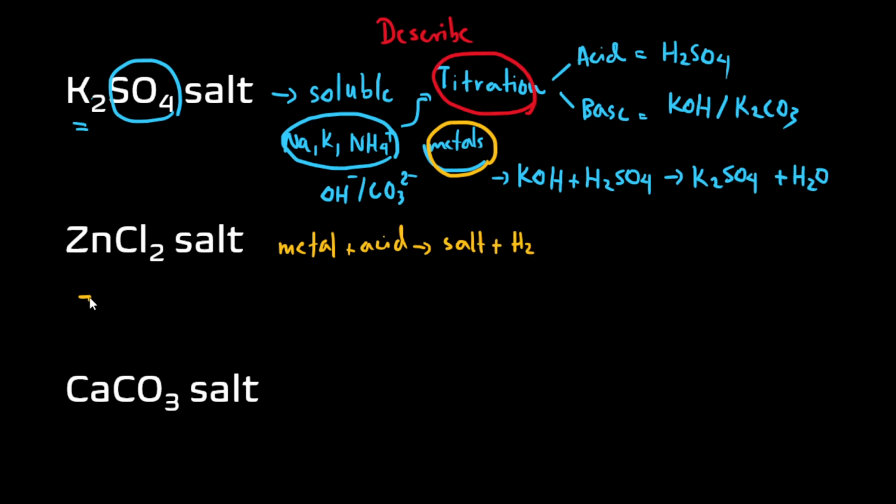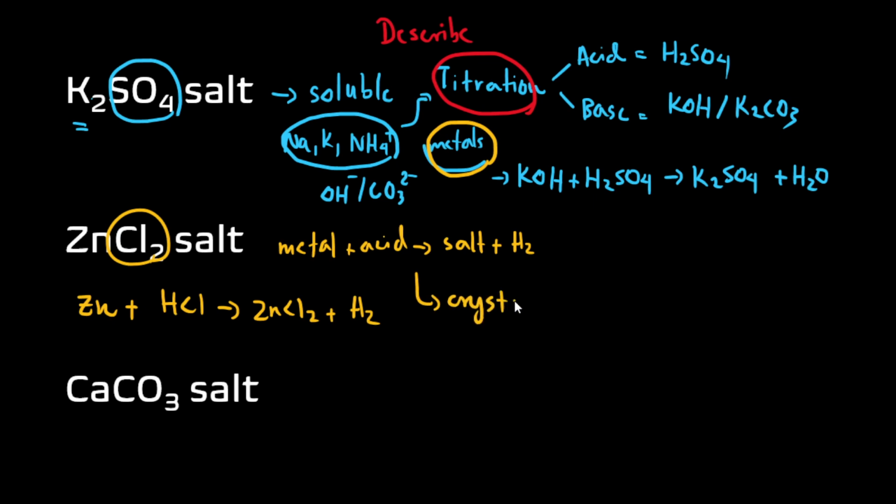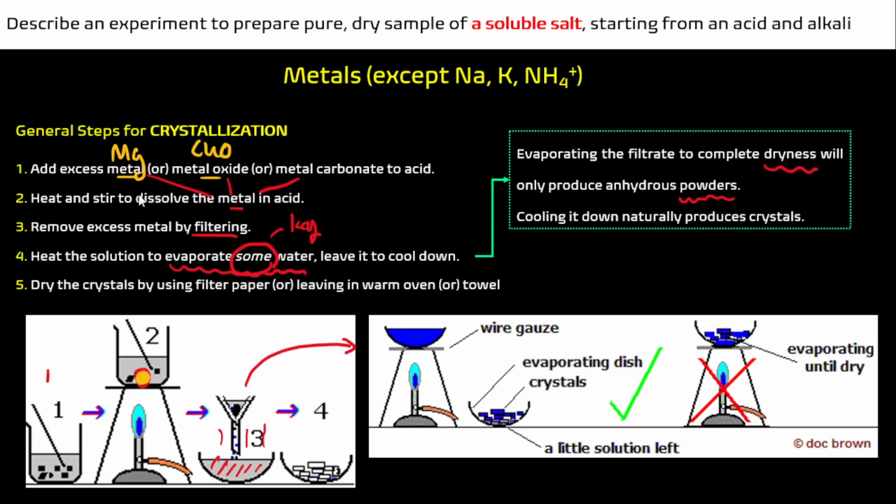So it would simply be zinc plus acid, HCl, because this is a chloride, will give us zinc chloride plus hydrogen. Since you don't need anything special here, this is simply going to be a crystallization reaction. If they ask you to describe the experiment to produce zinc chloride salt, you should describe your crystallization, which is this one.